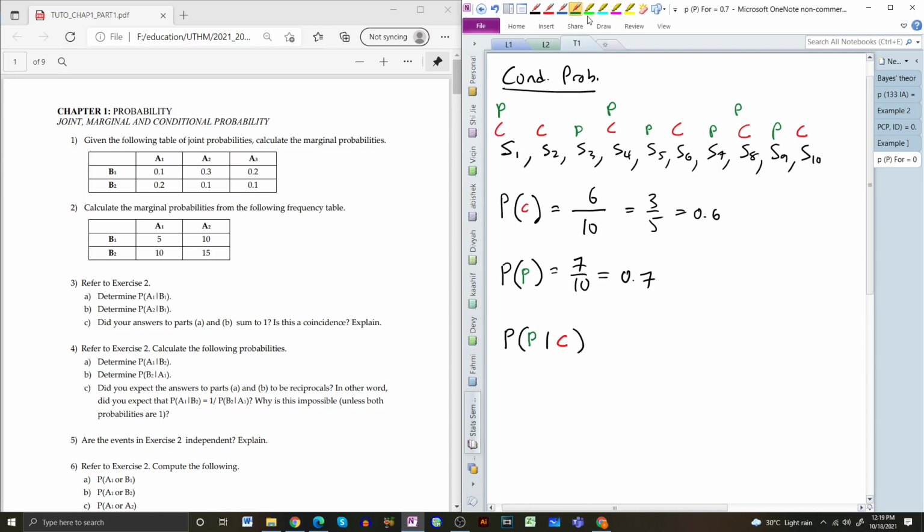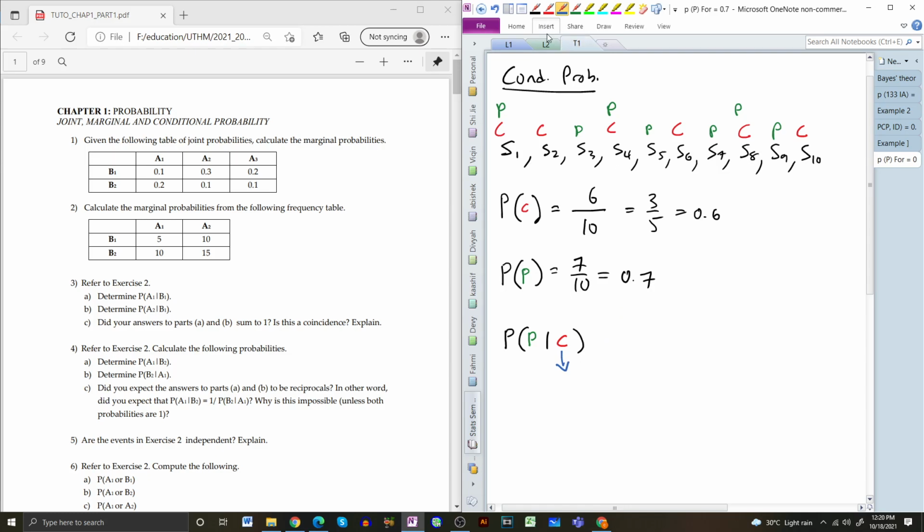Now you must understand that your sample size is not all the 10 students. Your focus is now, or your sample size is now only those with curly hair, the one behind, given curly hair.